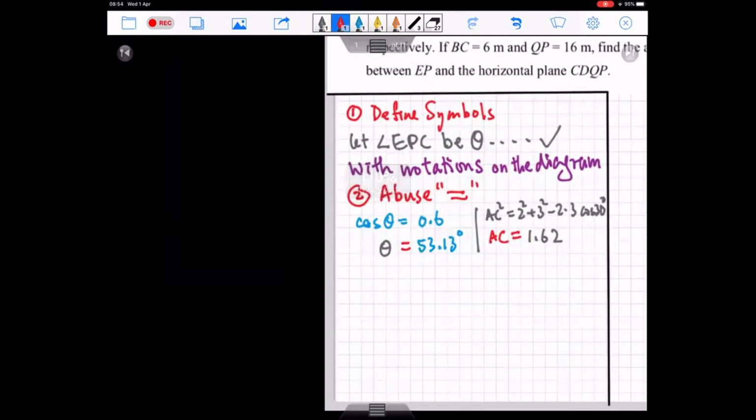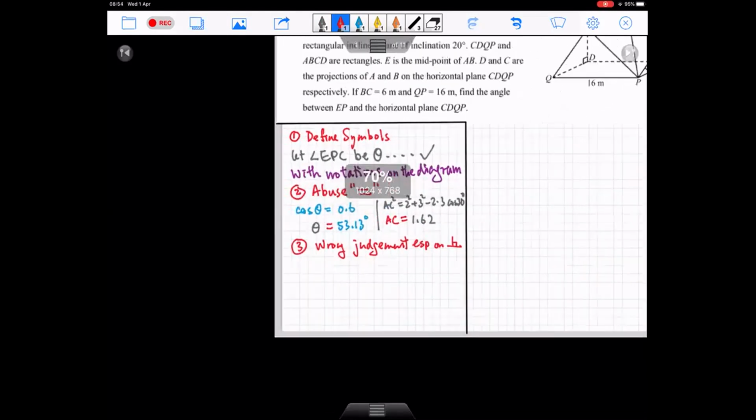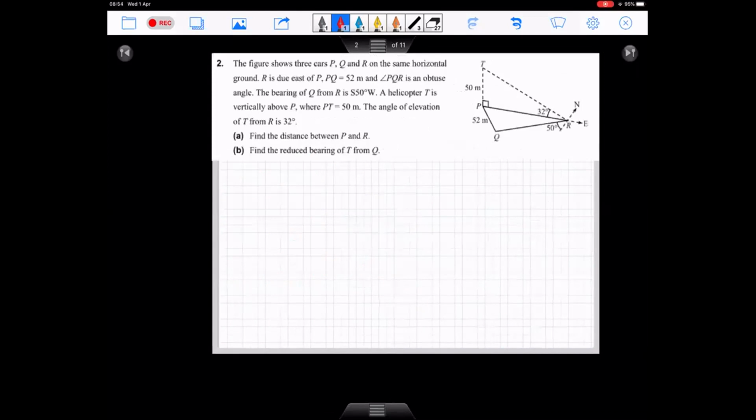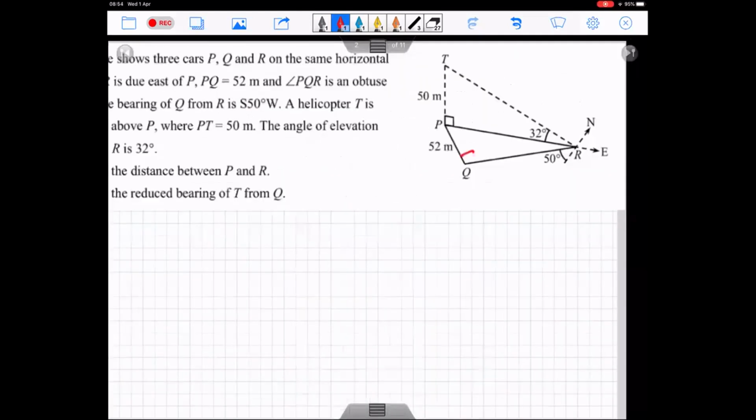The third and the fourth one are more prevalent. The third one is to wrongly assume a right angle, which is a wrong judgment. Some of the questions, they are not right angles, but somehow you mistook them to be right angles. For example, in question 2, this angle PQR is not a right angle.